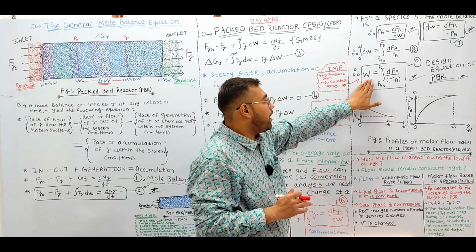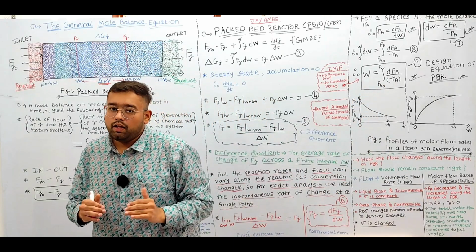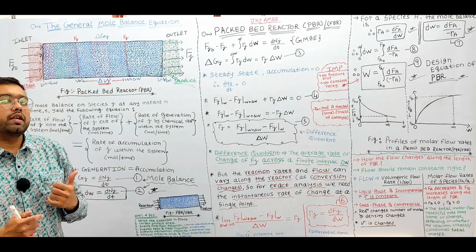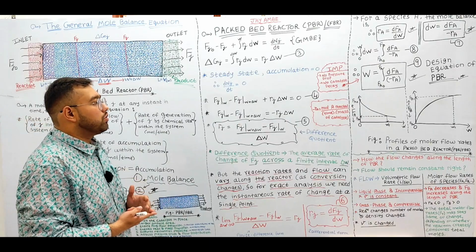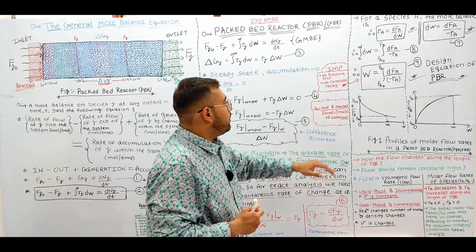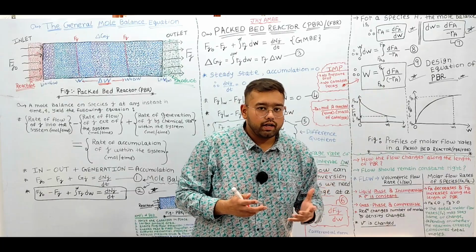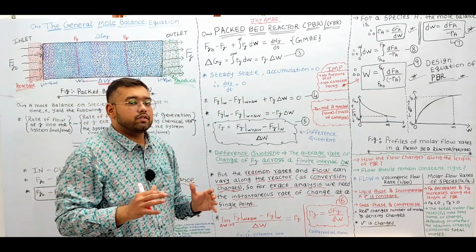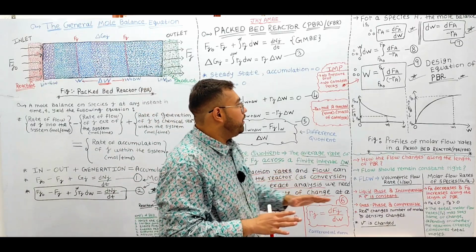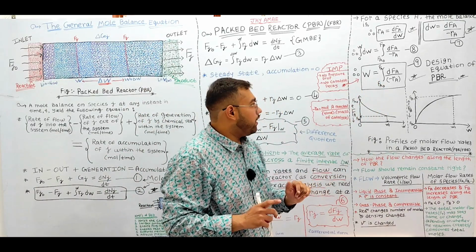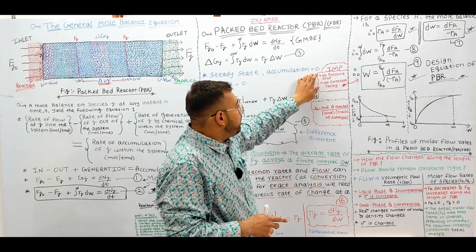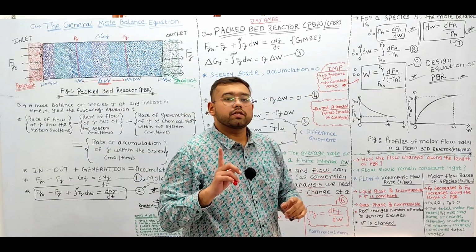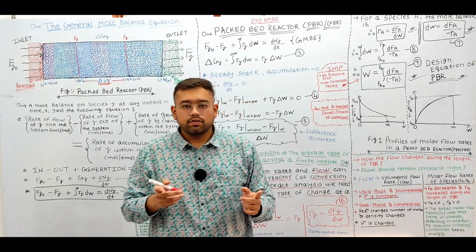But we need to understand that when we apply equation 9, the design equation of the packed bed reactor, in order to calculate the weight of the catalyst, W, we need to ensure certain conditions. These are the two important conditions: when there is no pressure drop and when there is no catalyst decay.